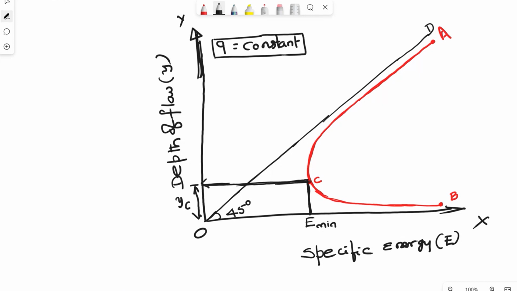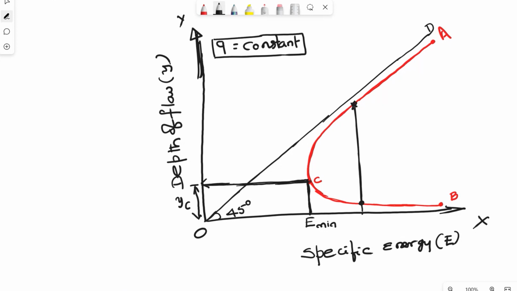This is an important point. Now, apart from this, take any point on the specific energy curve. If I draw a vertical line, it cuts the specific energy curve at another point also.